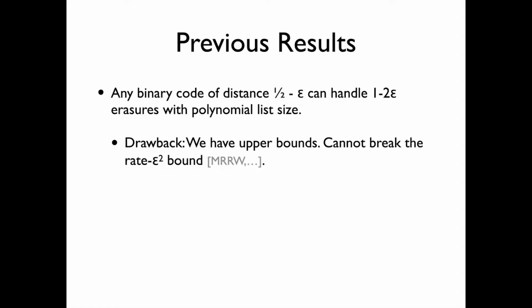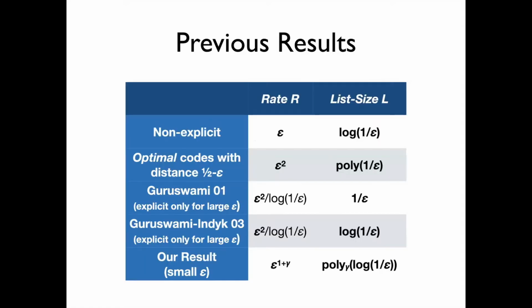So in terms of explicit dedicated constructions, there are not a lot, especially for binary codes. Before our work, the best explicit code is actually a code close to the GV bound. Now, for large epsilons, Guruswami and Indyk managed to get logarithmic list size, but the rate is still not quite what we hope for.